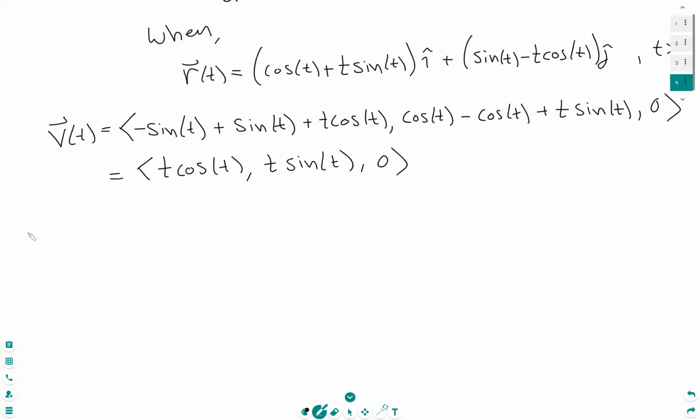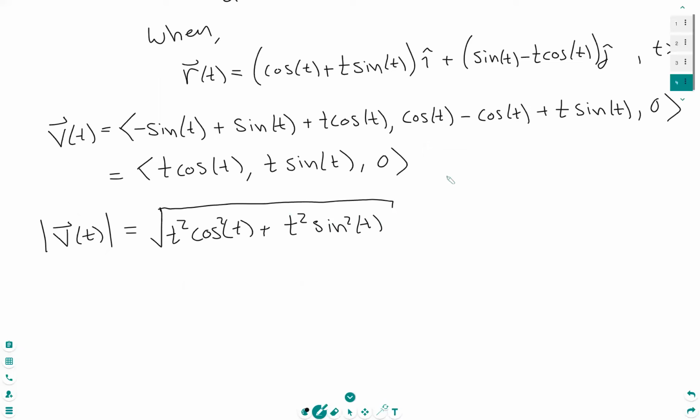The speed, just the magnitude of velocity, is then the square root of t squared cosine squared t plus t squared sine squared of t.